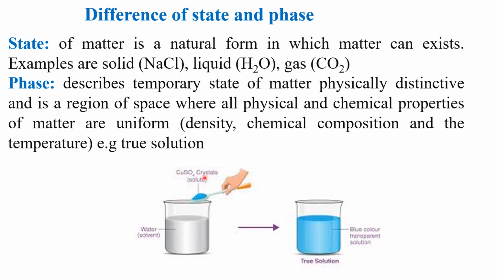When we dissolve copper sulfate crystals in this water, the solution of copper sulfate turns blue, which is uniform, and you can see that the whole matter is now in liquid form, although copper sulfate before dissolution was in solid state, but now its state has been converted into a phase, that is liquid phase. So the whole mixture behaves like a liquid. Thus, this temporary state of matter, especially in the context of copper sulfate, is called its phase.